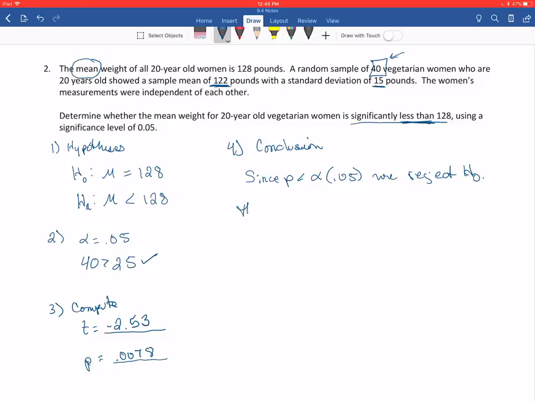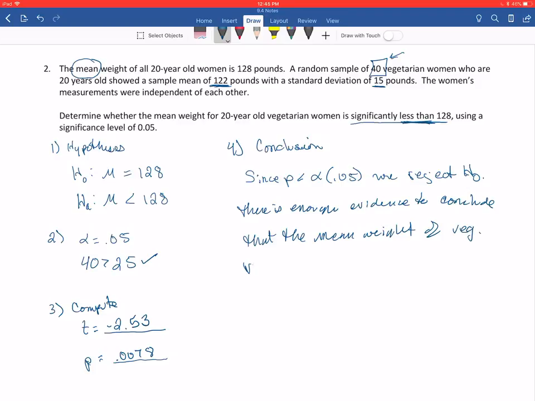Seems as though there's enough evidence to conclude that the mean weight of vegetarian women aged 20, I mean it's a very specific category here, is less than 128.